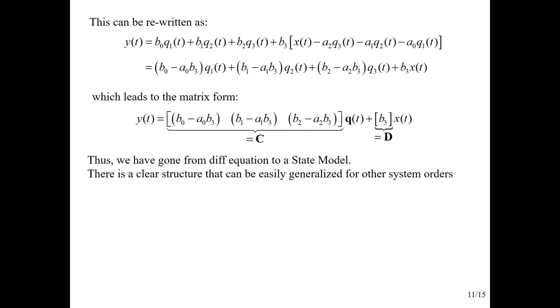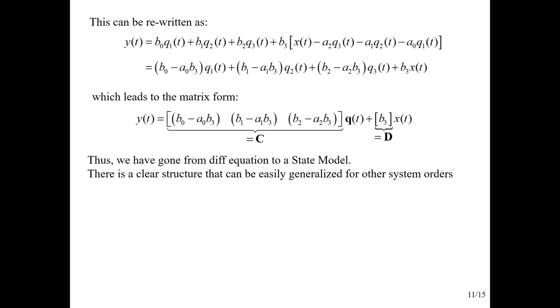So we've gone from difference equation to block diagram to state model. And there's a clear structure here. And we can easily generalize this to other system orders. So if you were to see any order differential equation, you could write this form of state model.